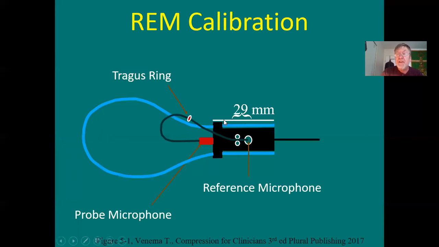So the little red ring is 29 millimeters away from the tip of the tube, as you can see here.